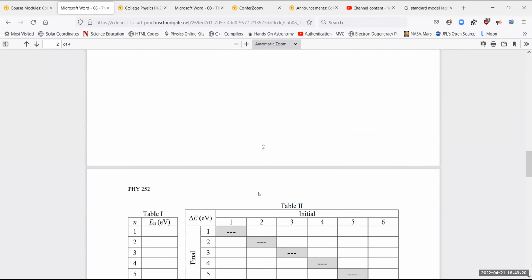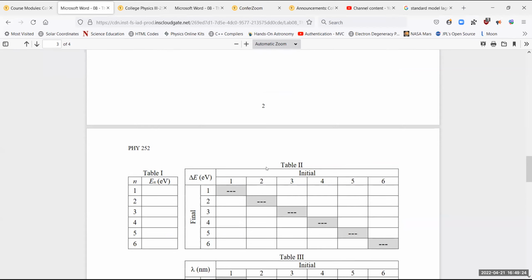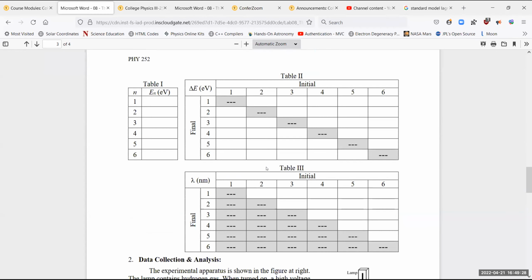So when you plug it into this expression, leave it with the negative values in here, okay? So you calculate delta E's, that's all at this point. Changing the initial and the final, some of them are going to be positive, some of them are going to be negative.